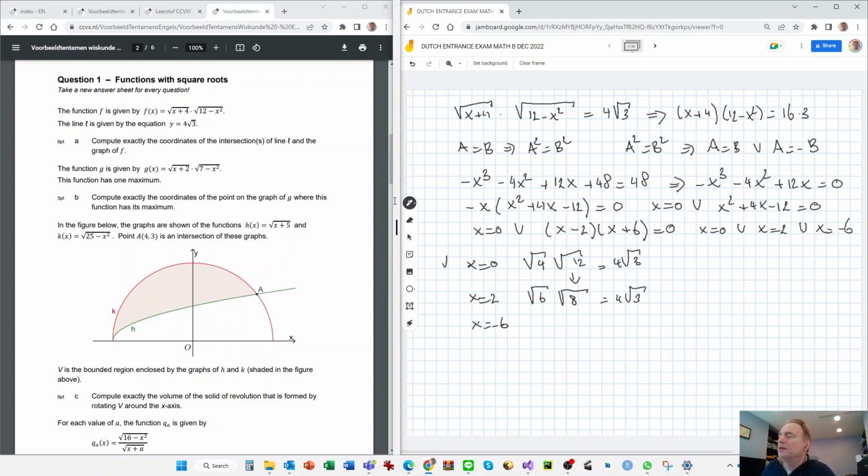Then the y coordinate, of course, is 4 times the square root of 3. So the solutions are x equal to 0, and x equal to 2, both with y equal to 4 times the square root of 3.